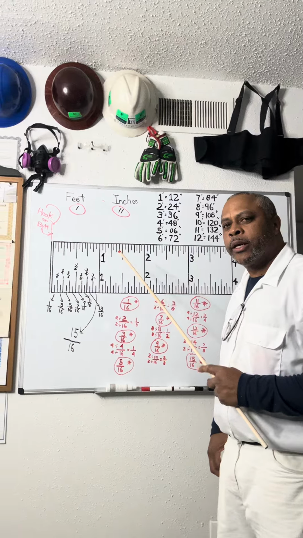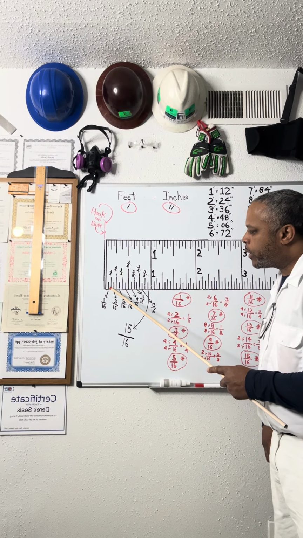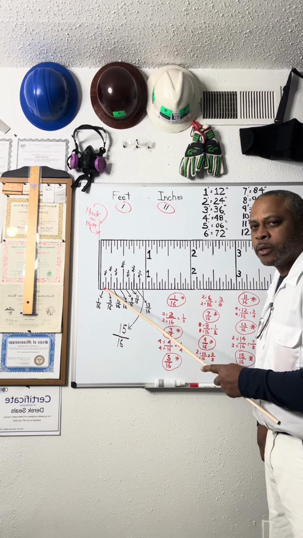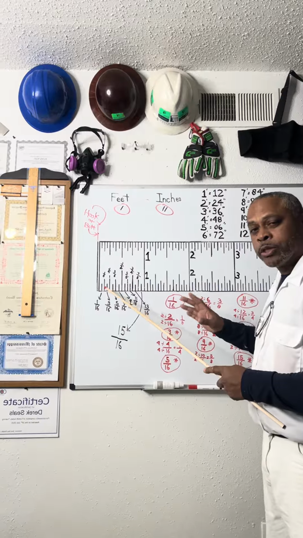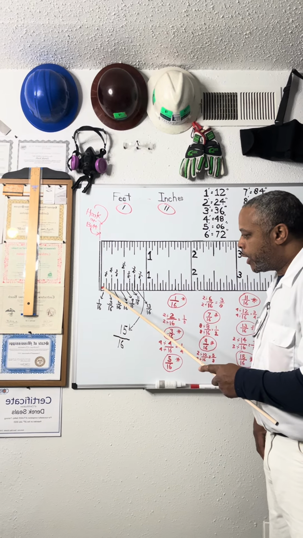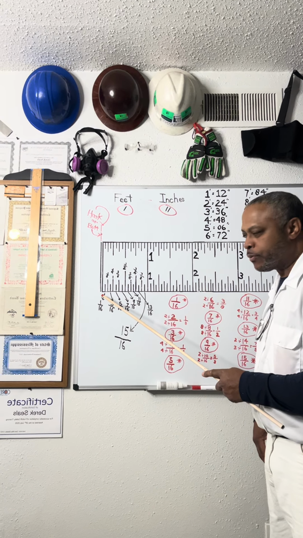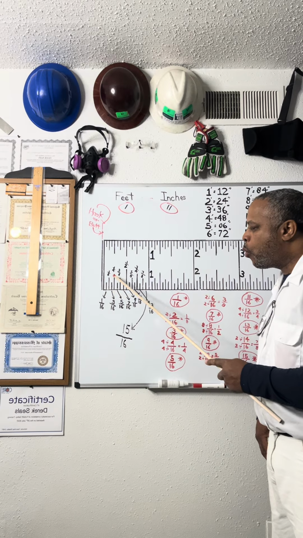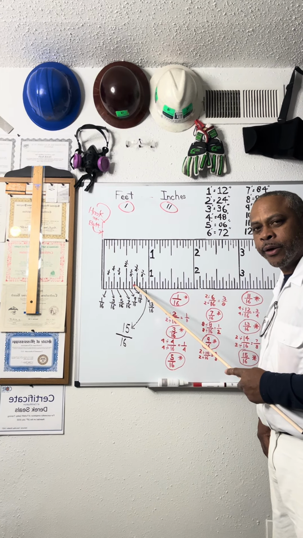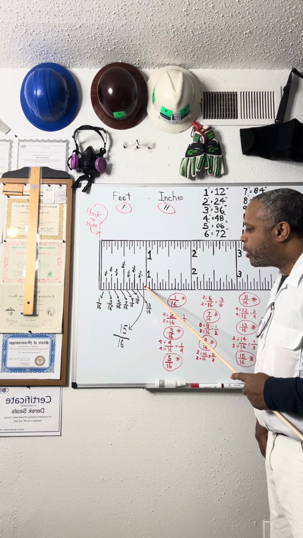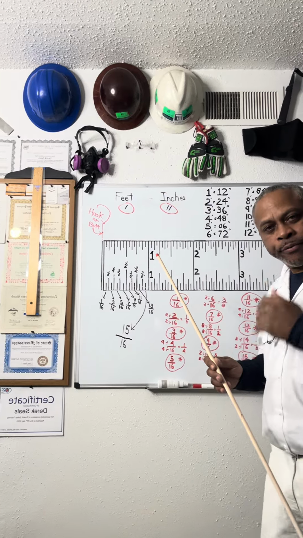But when we really look at what we're dealing with, every one of these lines that we see here that's drawn on my board represents the measuring tape or the ruler. These associate with a fraction of an inch. So within 1 inch from here to here, you're going to be able to know every one of these lines and the function that they have.